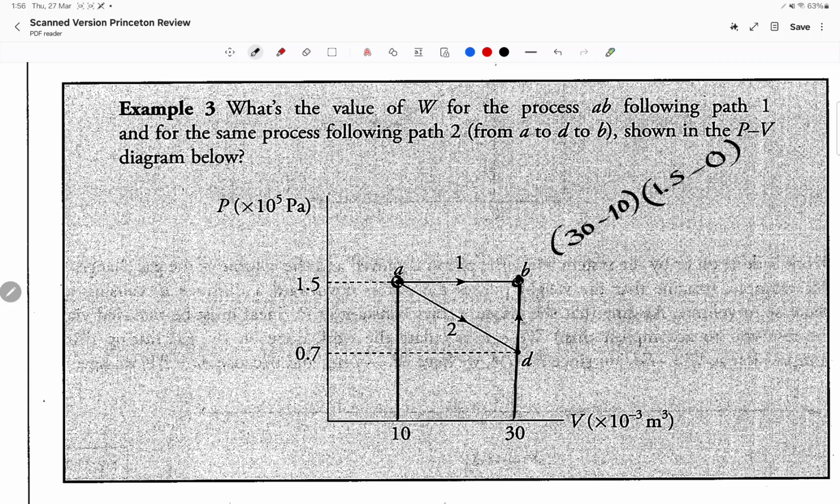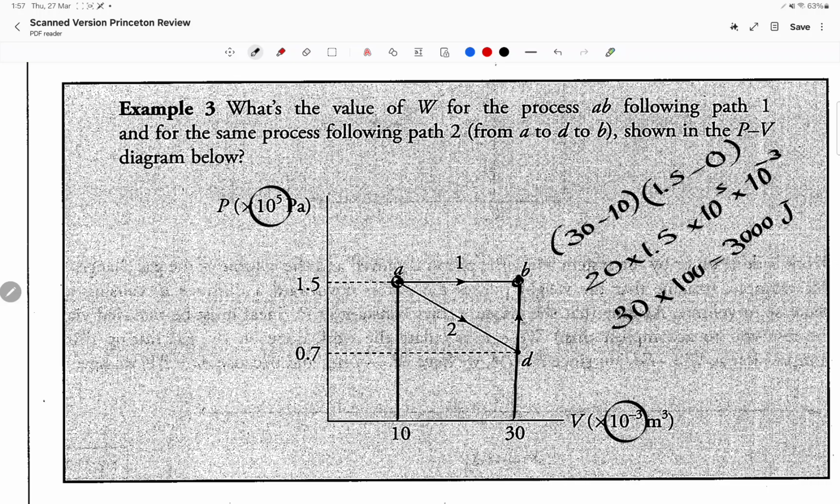To the x-axis. So you're going to have 20 times 1.5. Now, don't forget, it's 10 to the power of 5. It's 10 to the power of negative 3. We must also include those. So times 10 to the power of 5 times 10 to the power of negative 3. So you're going to have 30 times 100, which means 3,000 joules.